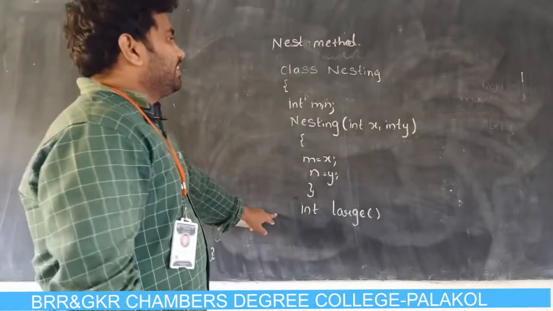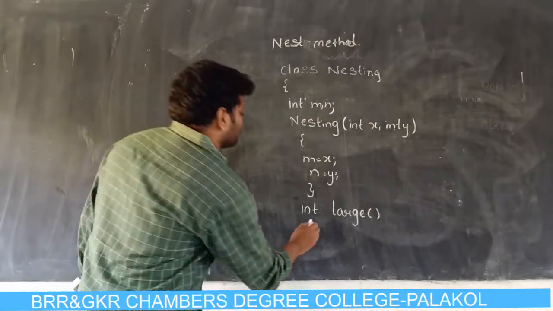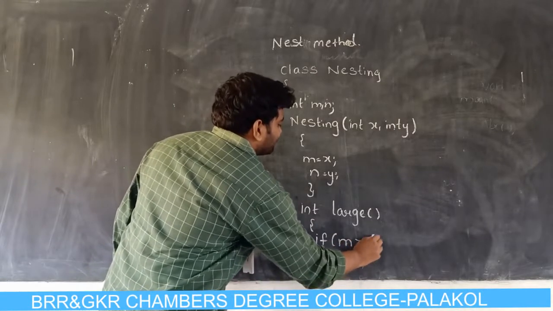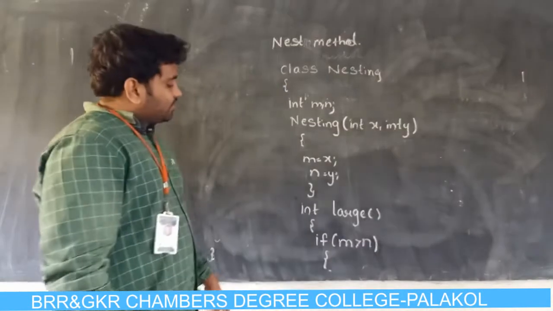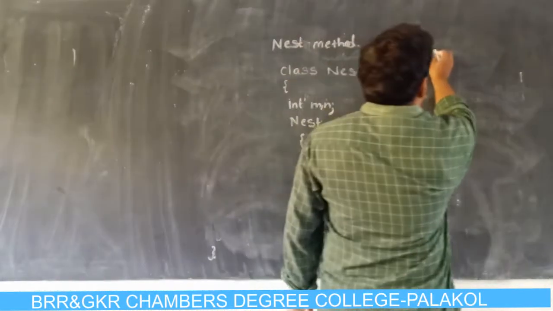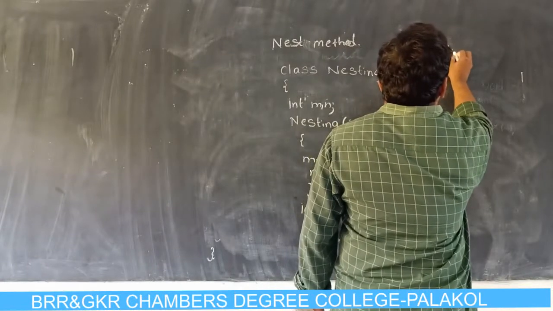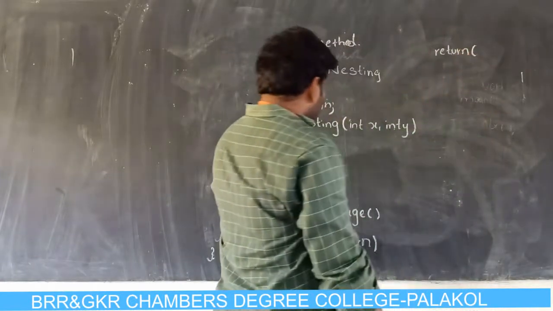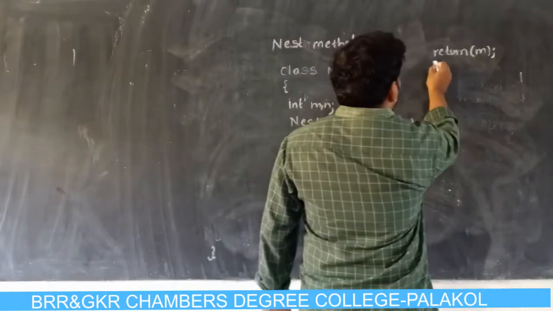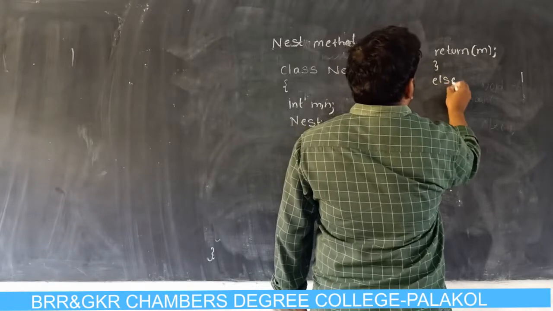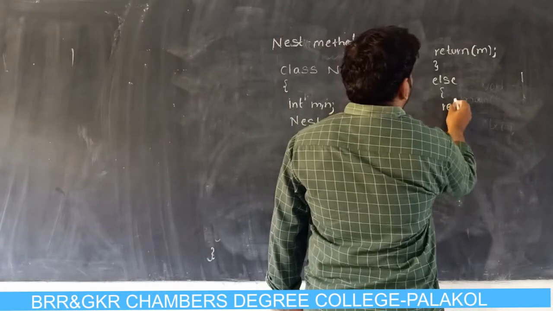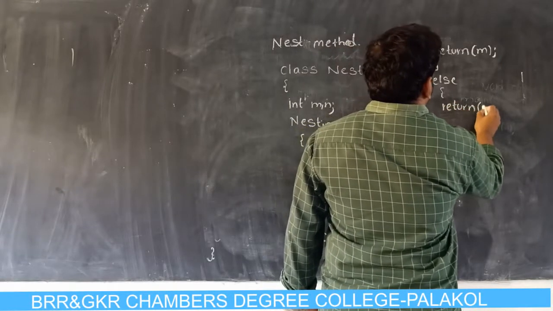Next you write if m greater than n, the condition is satisfied, return m value; else the condition is not satisfied, return n value.